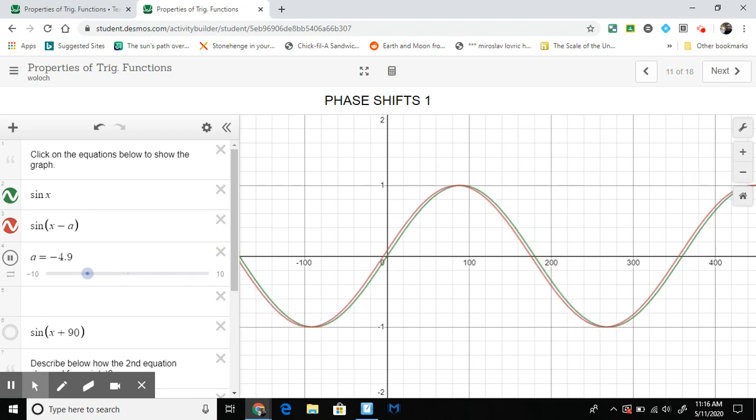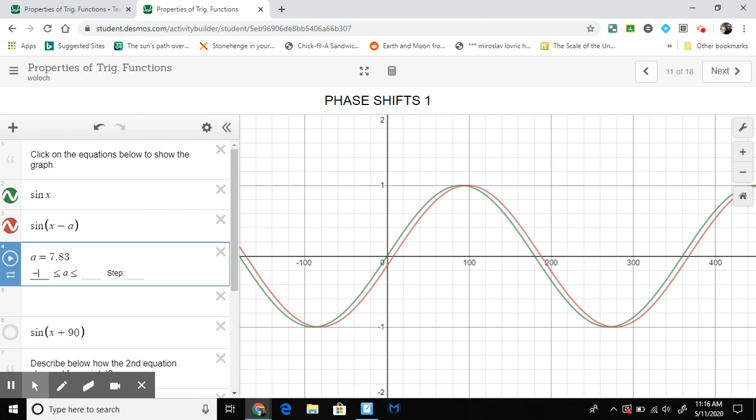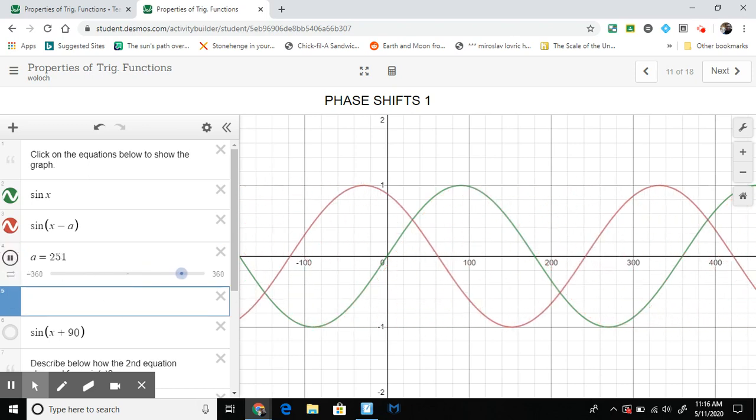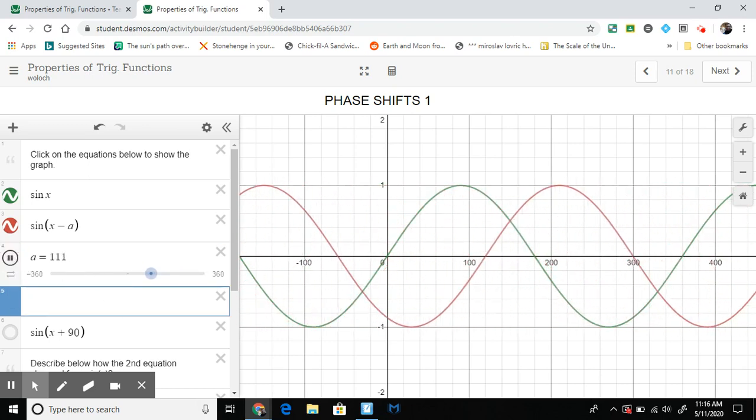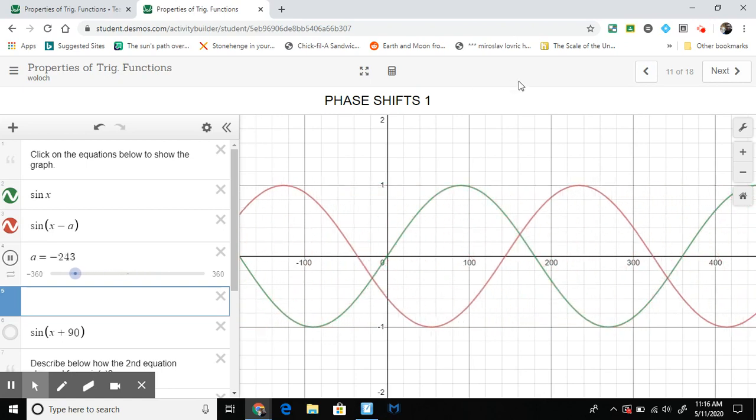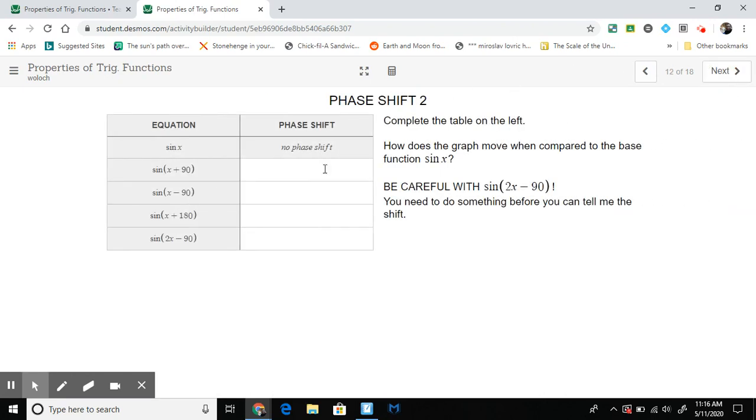It's shifting. Notice that because my shift scale is only between -10 and 10, you don't really see a lot of it. But if I say -360 to 360, and then I hit play, now this is going to move a lot more. So that was fun.